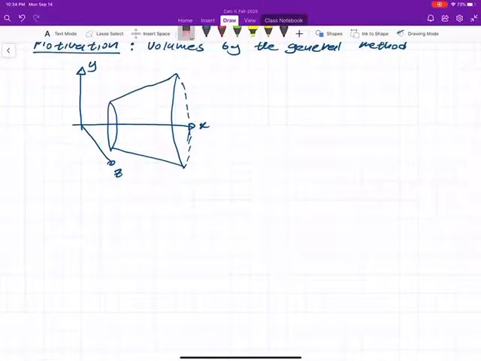Let's consider this is a cross section of this object. Let's say this is A of x.